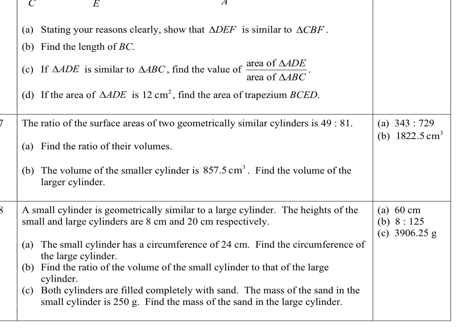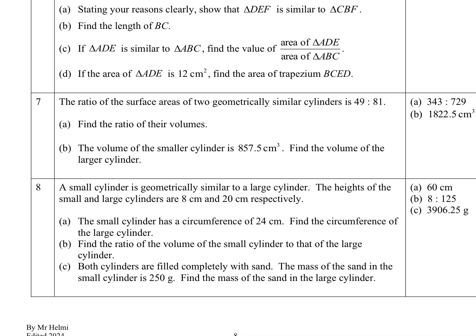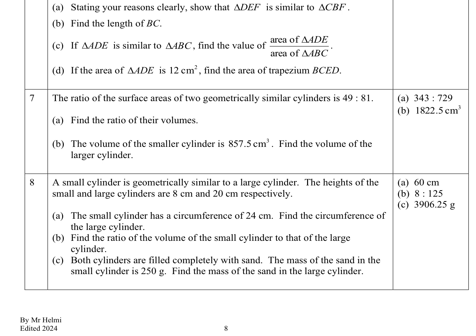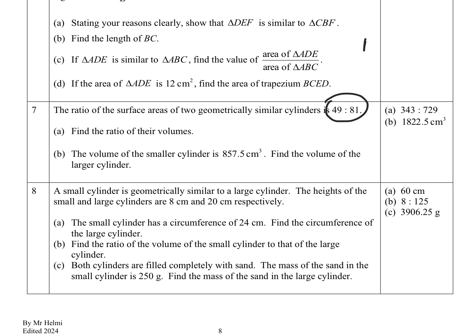Volume is here. Okay. So, look at 7. They tell me that the ratio of area, this one, is 49:81. So that means A1 over A2 is 49:81. This should be the square of the length. Correct?